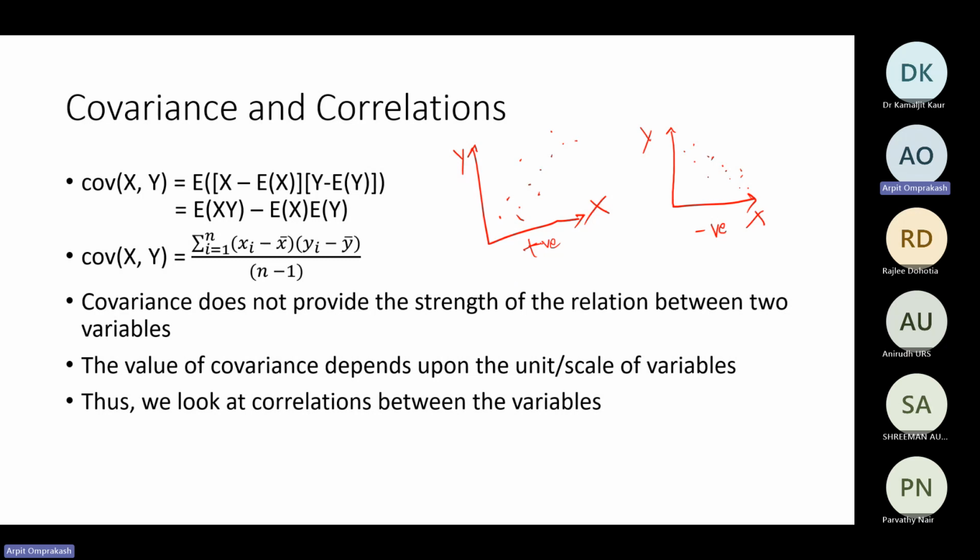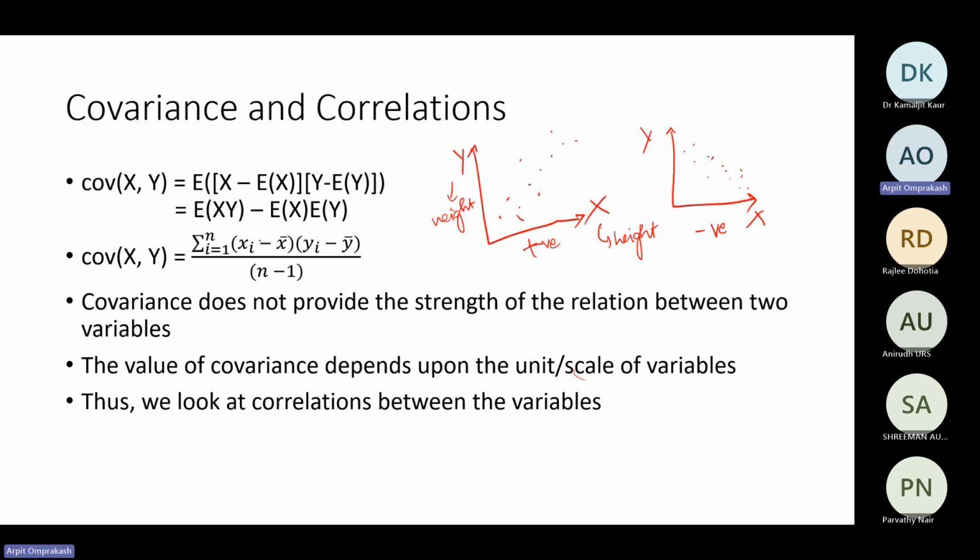Another thing to notice is that covariance depends upon the unit or scale of the variables we take. For example, let's say we are checking the correlation between height and weight data. On the x-axis we have height, and on the y-axis we have weight.